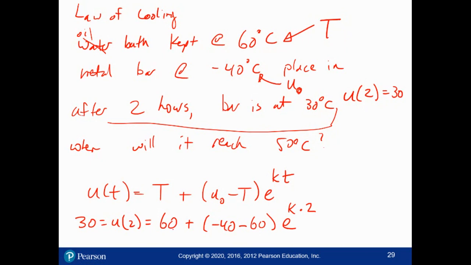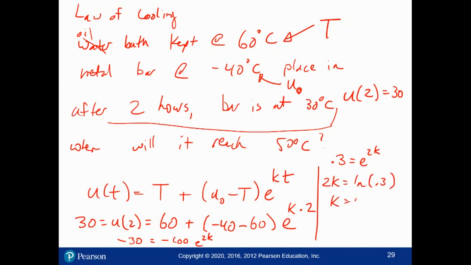So we subtract 60 from both sides, and we'll end up with negative 30 is equal to negative 100 e to the 2k. Divide by negative 100, and you'll get 0.3 is equal to e to the 2k. Take a natural log. 2k is equal to the natural log of 0.3.